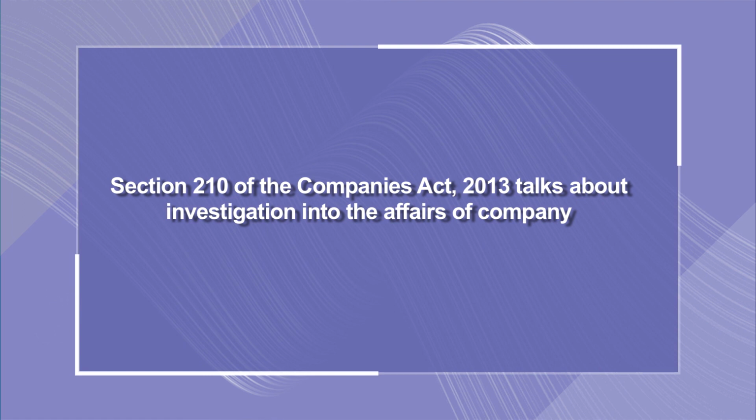Section 210 of the Companies Act 2013 talks about investigation into the affairs of company. Subsection 1 talks about investigation in the opinion of central government. According to this subsection, the central government may order and appoint inspectors for investigation into the affairs of the company under the following three conditions.